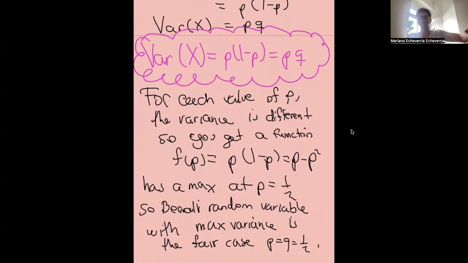So another way to think about the Bernoulli case with p equals 1/2 is as the case with the most uncertainty or error. Okay. So it makes sense. It's an easy calculation, but a nice one to have in mind.